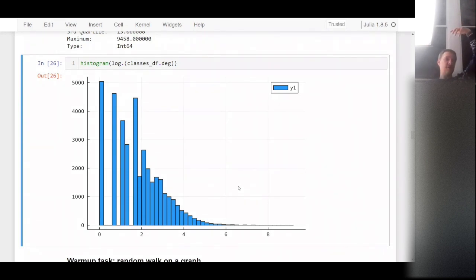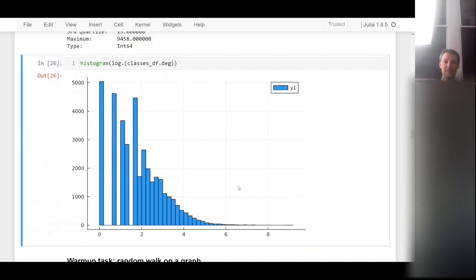So for example, if you have the Facebook social graph, you see exactly the same. Most people have very few friends, but some people have extremely many friends. So this long right tail is a very frequent feature of social graphs. And our GitHub developer graph also exhibits it.